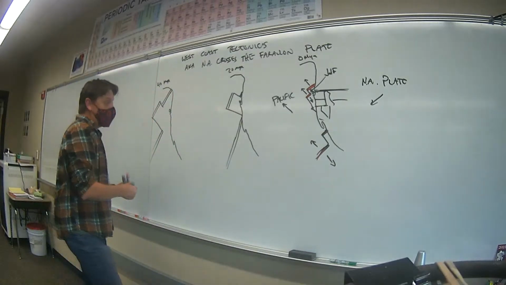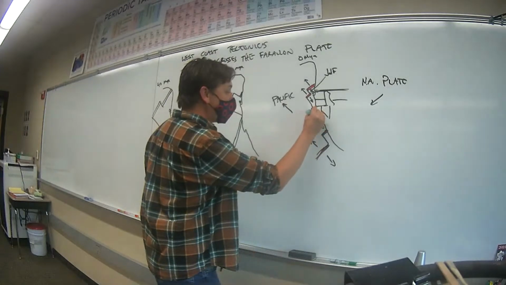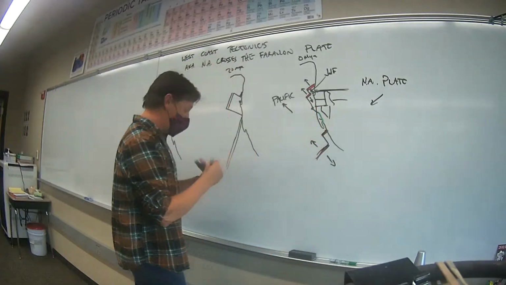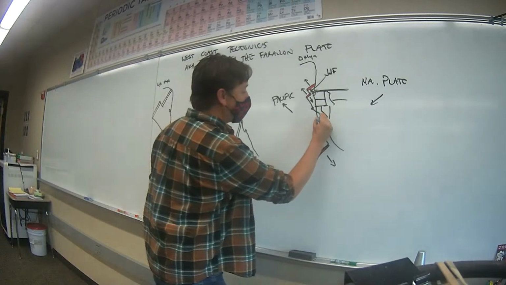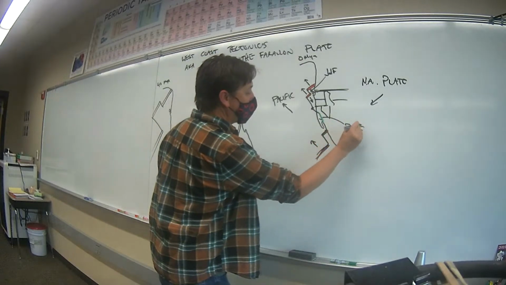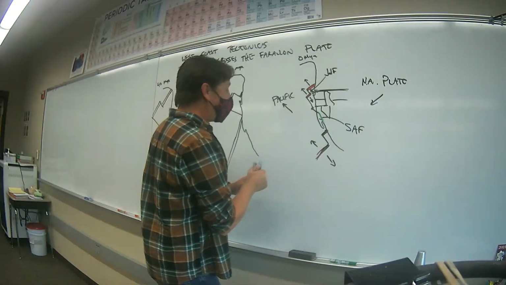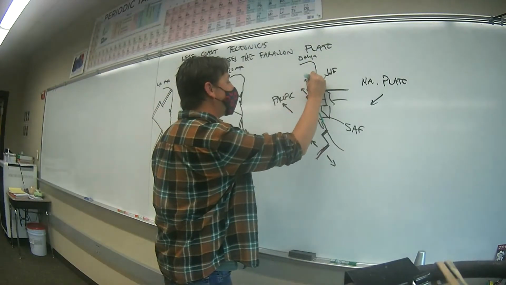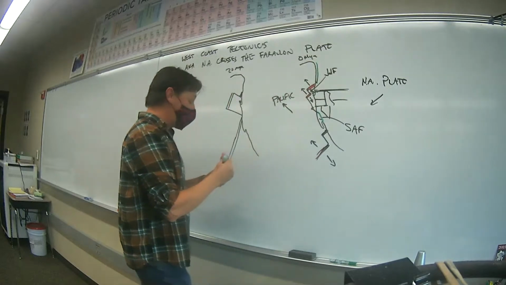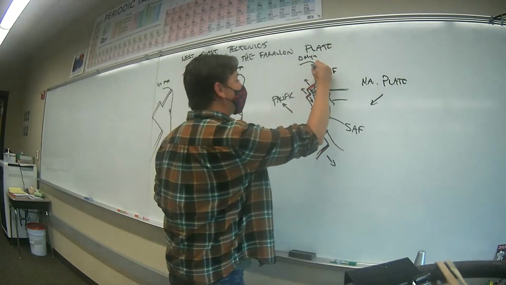And I used green to put our San Andreas fault on there. And we have this other San Andreas style fault called the Denali fault up here on the west coast of Canada.